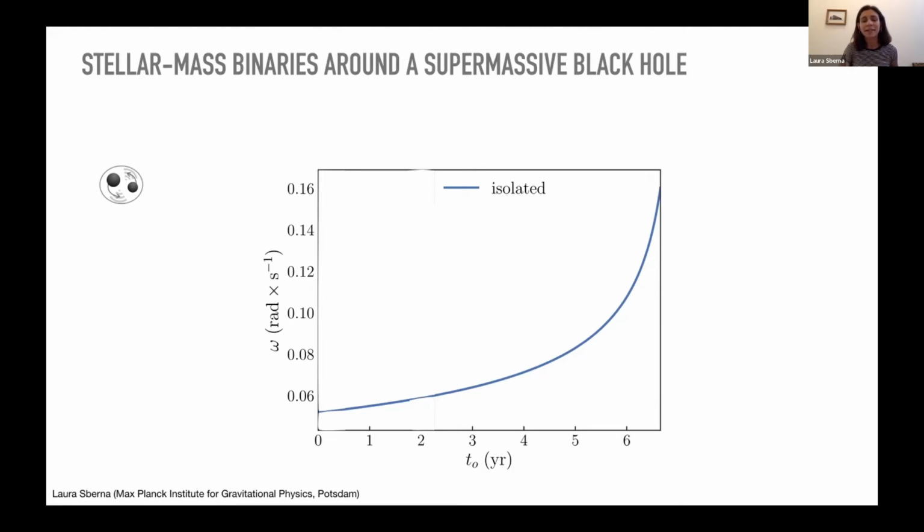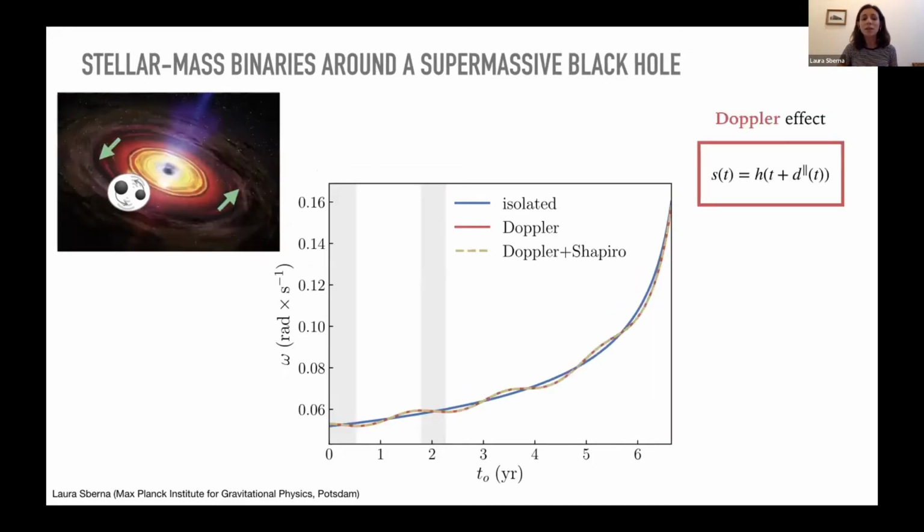So to explain this, I'm showing you the standard vacuum frequency evolution as a function of time of our gravitational wave source. And what you can see is that the frequency grows over time in a very simple monotonic way. So what happens when I put this source in motion around the supermassive black hole?